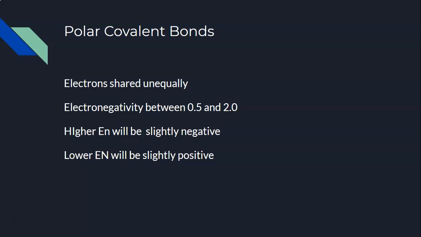Your electronegativity difference is going to be between 0.5 and 2. The higher electronegativity atom will be slightly negative, and the lower electronegativity atom will be slightly positive, depending on where they are when bonded together. So if you have a higher EN, that atom will be the slightly negative one, and if you have a lower EN, you're going to be slightly positive.